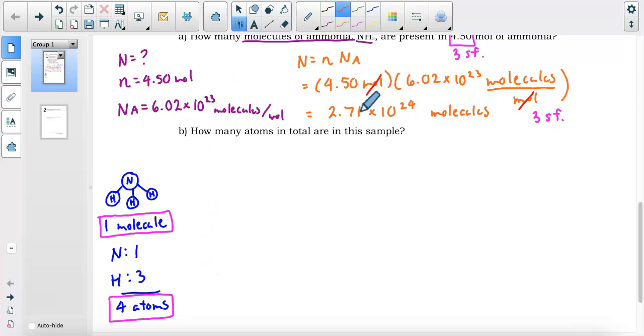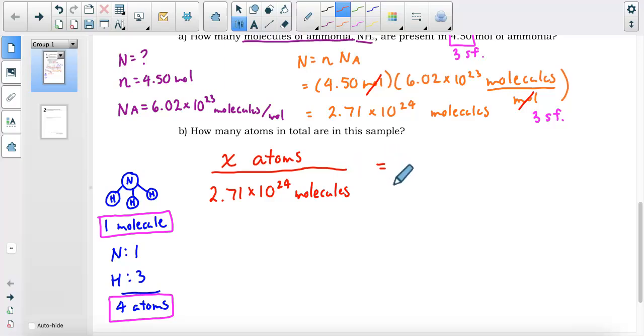If we know in our sample in this particular question, okay, so we're being asked how many atoms are in this sample. That's what we're looking for. So we'll call that X. And our sample is 2.71 times 10 to the 24 molecules. That's what we got from the previous question.